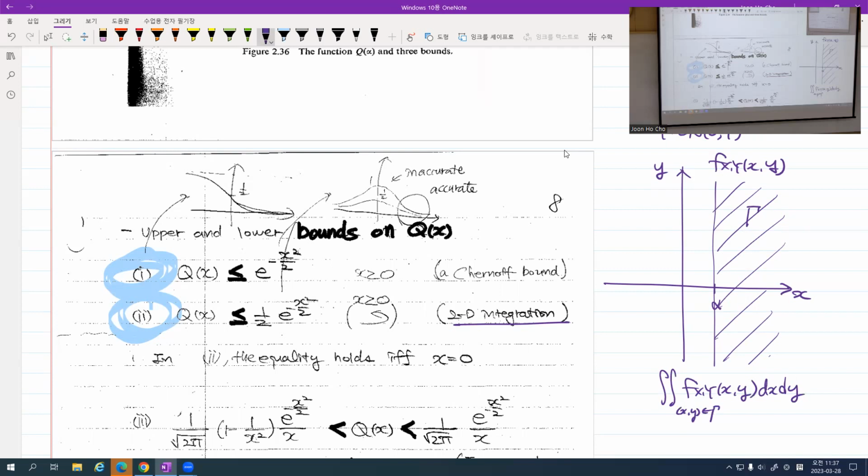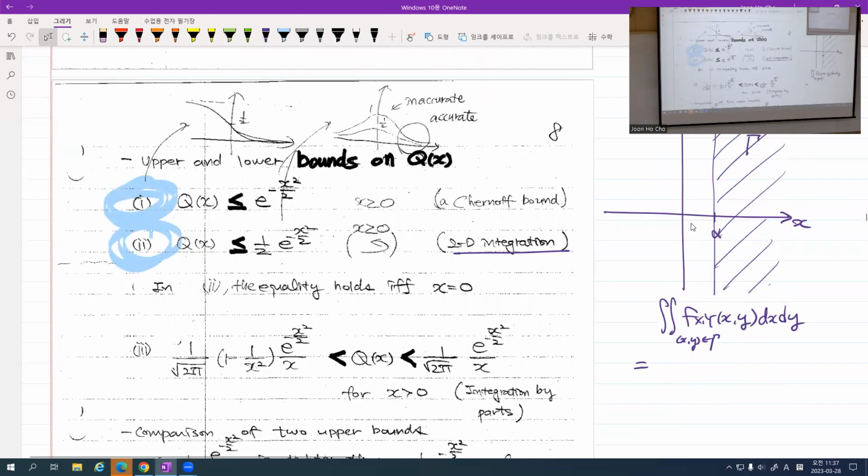And you can easily rewrite this as: Y ranges over the entire line and X ranges from alpha to infinity. Then, due to the independence of X and Y, this integration becomes what?